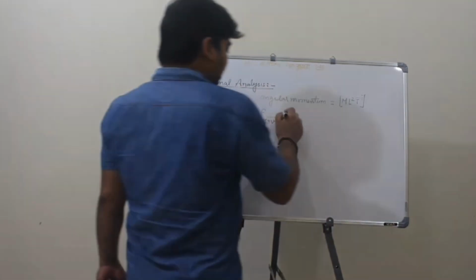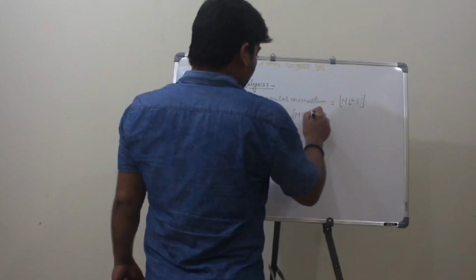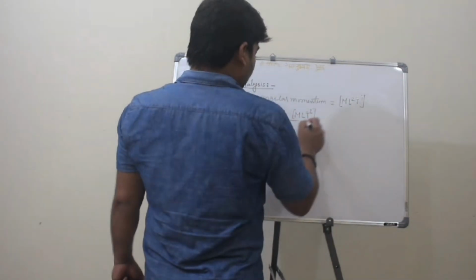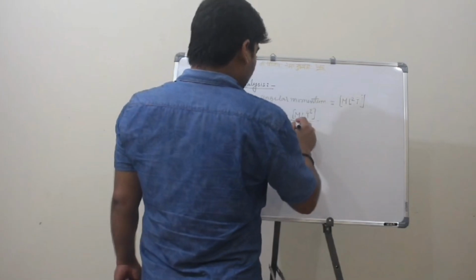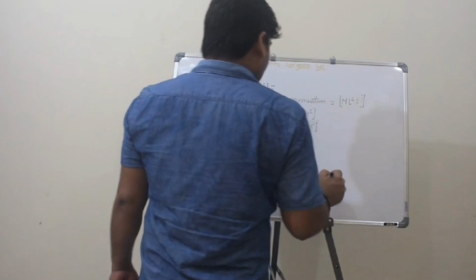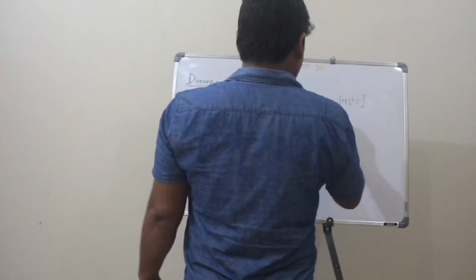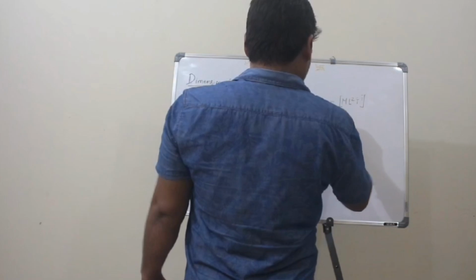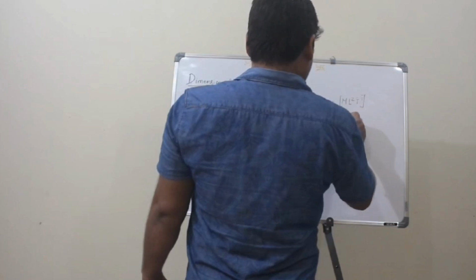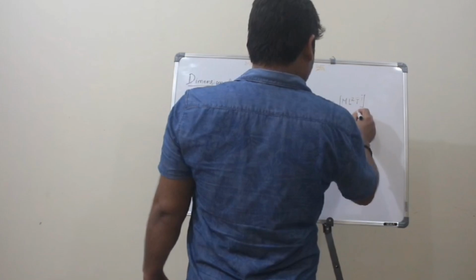Right? So it can be defined as M L T to the power minus 2, and 6 pi is a constant, r is nothing but L, and v is L T to the power minus 1. So giving you the dimension as M L to the power minus 1 T to the power minus 1.